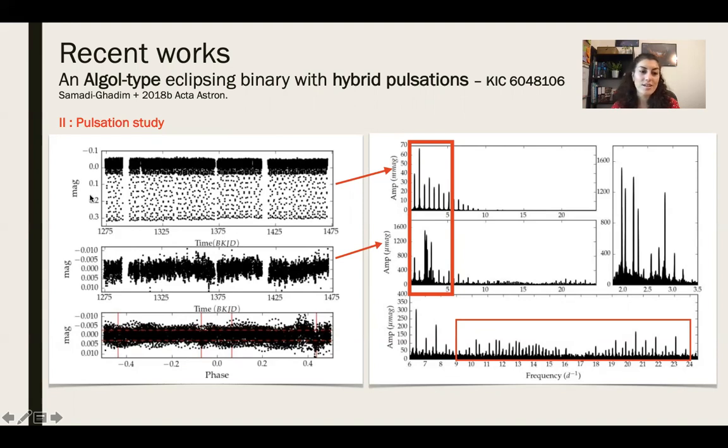Compare these 2 with each other: now we rarely see the harmonics of the orbital frequency. The g mode pulsations are showing up with low frequencies, lower than 5 per day. And then we also have these 2 bumps in the p mode region. So the star is a hybrid.